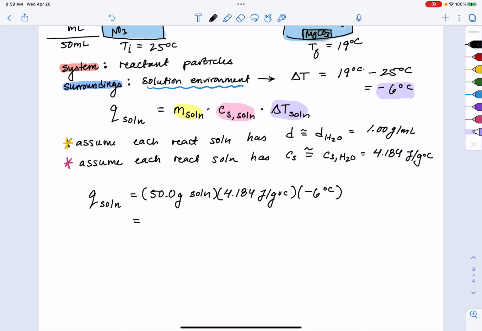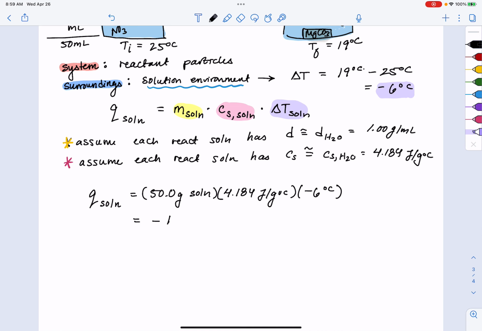So let's figure out what this is. When I do this, without rounding, 50 times 4.184, this becomes negative 1255.2 joules.